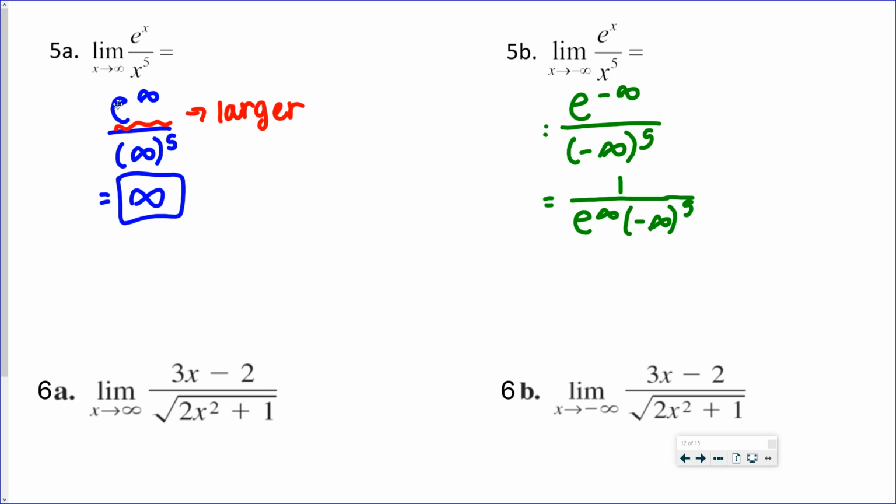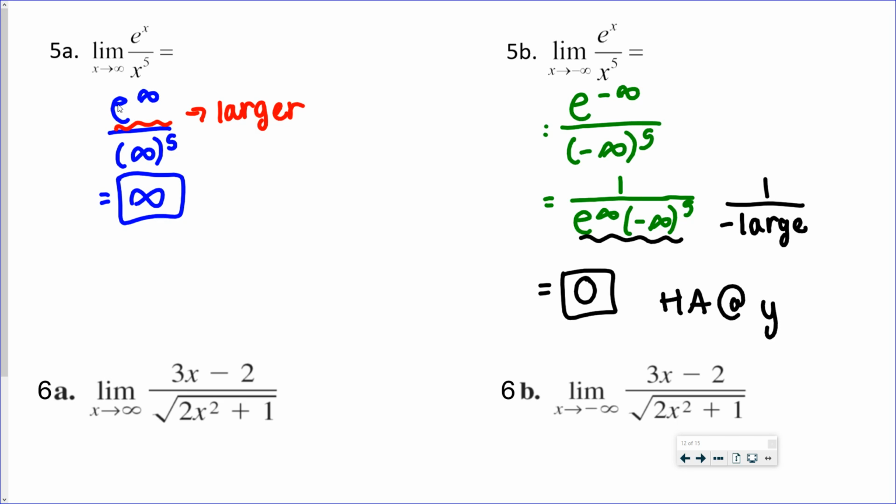All right, this is going to be a negative large value at the bottom, but I have 1 over that. So what would that one equal? Yeah, you got it. 0. Yep. And I have a horizontal asymptote at y equals 0.